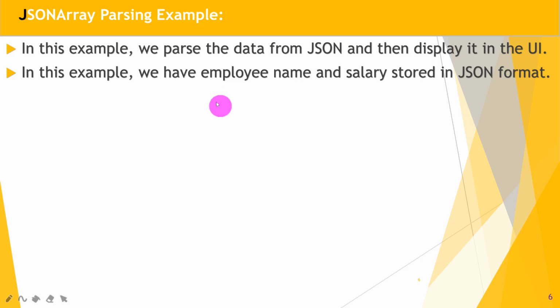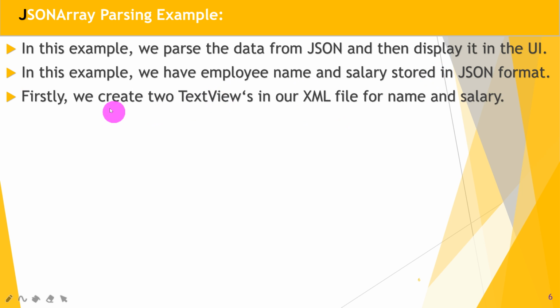Then we create two text views in our XML file, and give names to those text views, that is name and salary. We have to display the name in the name text view and the salary in the salary text view in the XML file.